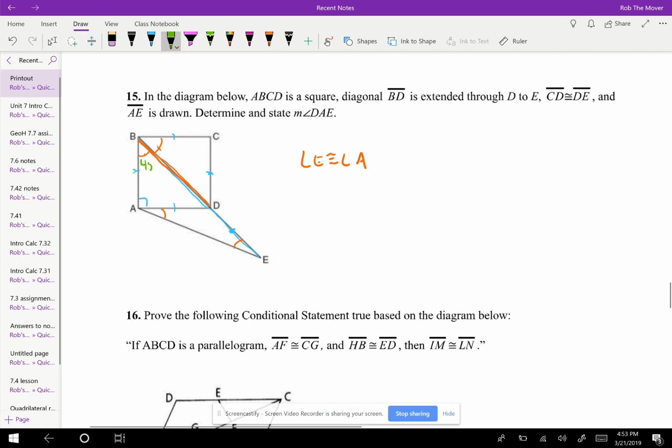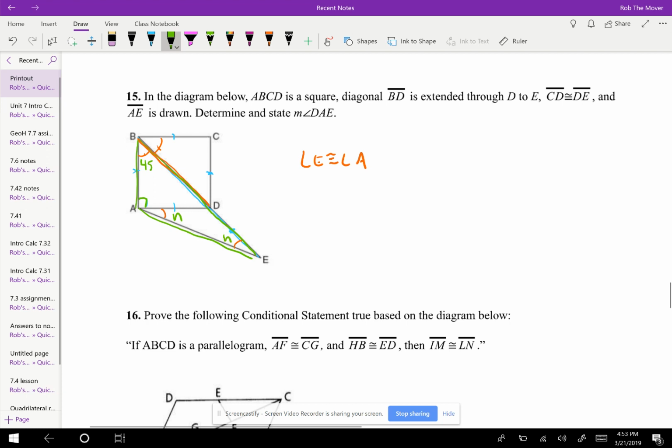So this angle is 45. I'm looking at this triangle right here. I've got a 45-degree angle there. I've got a 90, which is part of this whole thing. And then these are my two variables that I don't know, but they're the same. So I can just call each of them some variable like n.